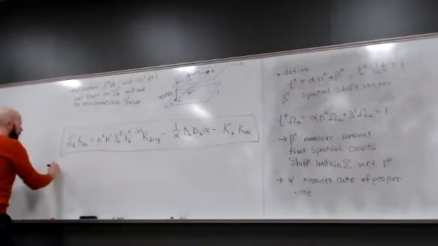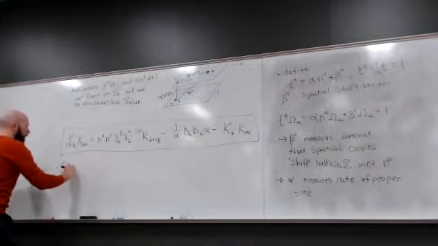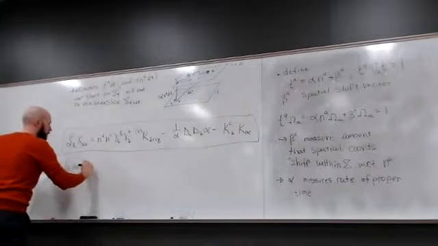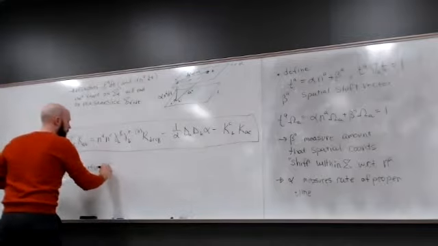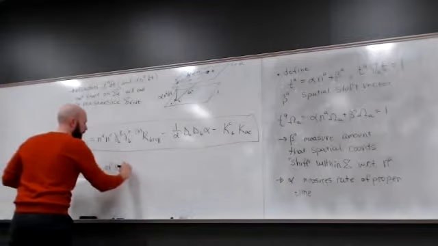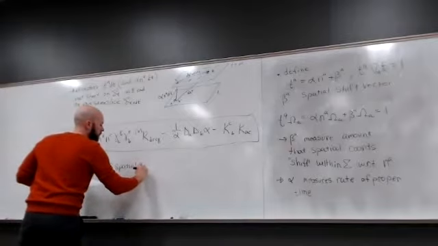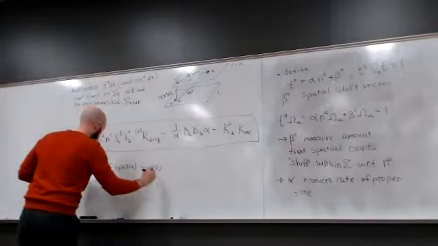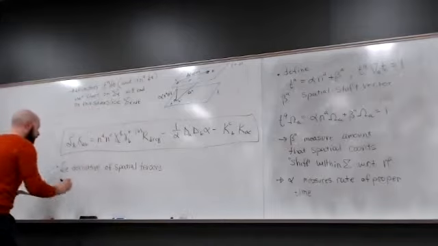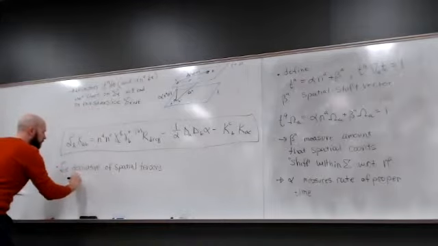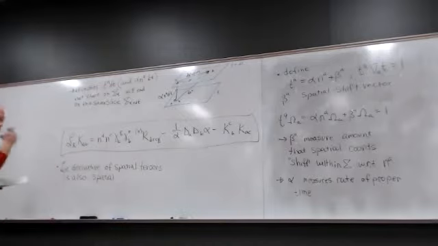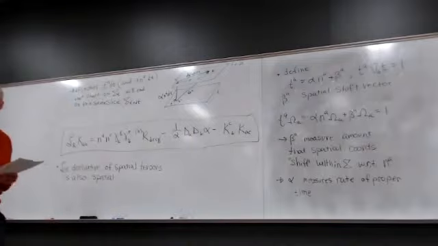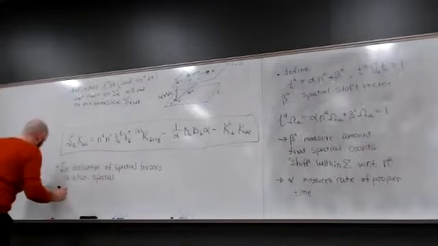And also, the Lie derivative of any spatial tensor is purely spatial. Which is handy, okay? So if I've got some geometric object, a tensor, that is purely spatial, and I take its Lie derivative, that Lie derivative is also purely spatial.